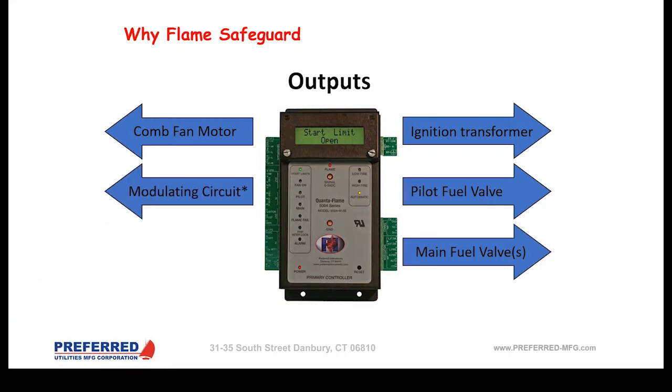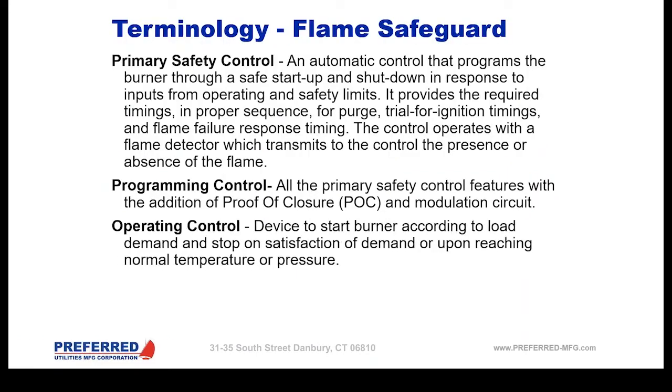Okay, let's talk about the outputs now. When it comes to a flame safeguard, we have to have an output for the combustion fan motor. This will usually be an output that will go straight to the motor contactor. In some instances, if we were talking about a flame safeguard using a variable speed drive, then obviously that would go to that. But most of those applications on the simple flame safeguards will go to a combustion fan motor starter.